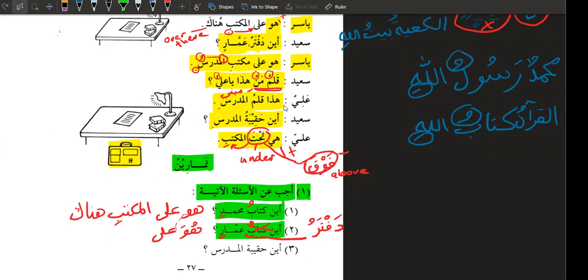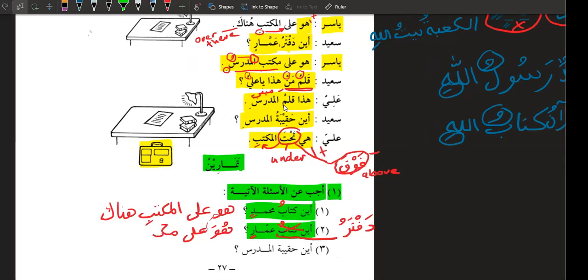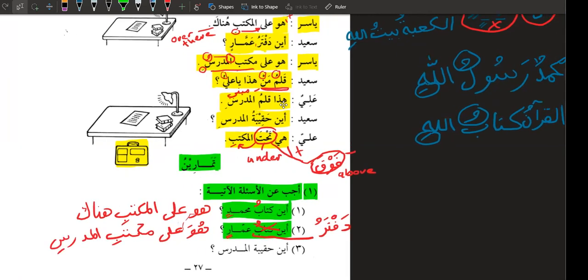So it's هو على مكتب المدرس. نعم. هو على مكتب المدرس. So أين دفتر عمار؟ هو على مكتب المدرس.